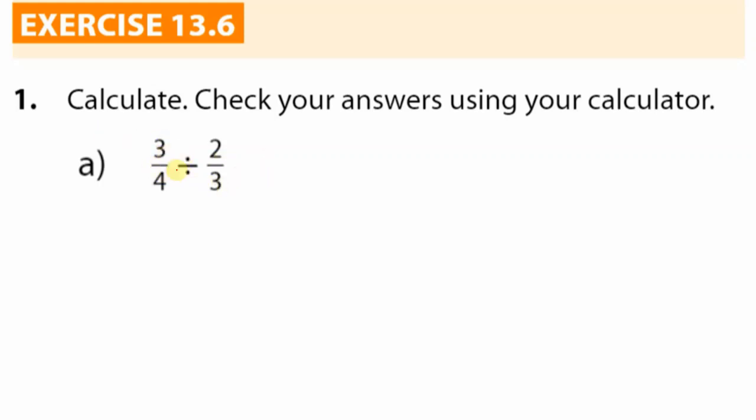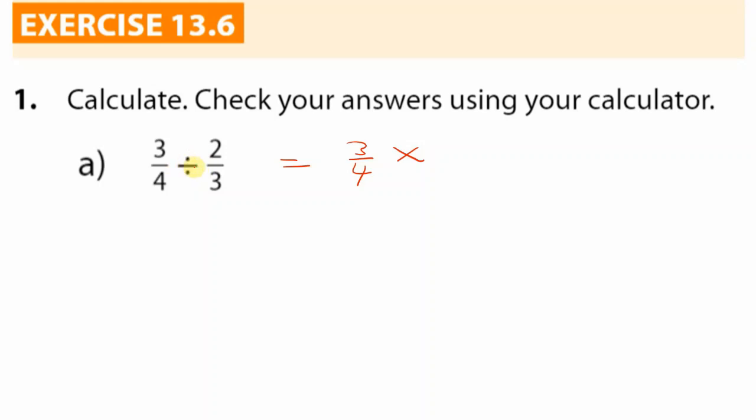We have seen in our previous lesson, as soon as we see a division sign, we can in fact change it to a multiplication sign. So this is still applying this process here. So we could say that we have 3/4, but now instead of division we have the multiplication sign.